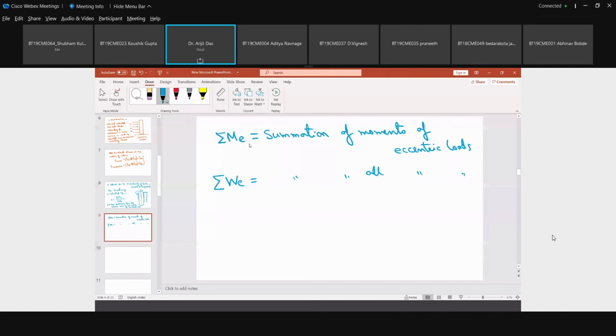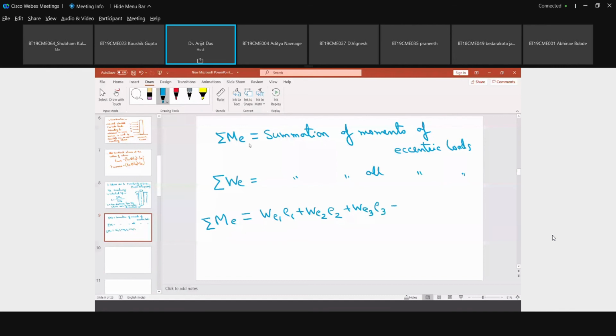So we can calculate it by WE1, the first eccentric load, into E1, the distance between the center of the axis and their reaction, plus WE2 into E2, plus WE3 into E3, and so on.